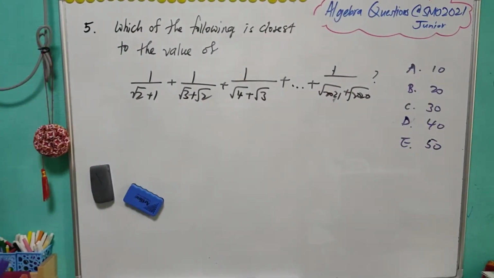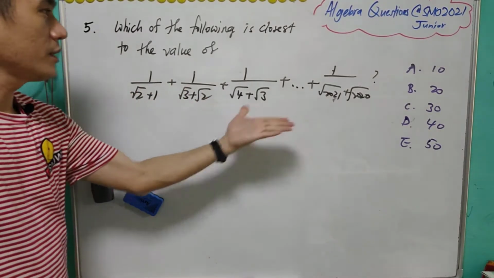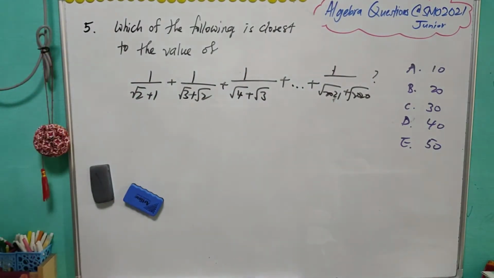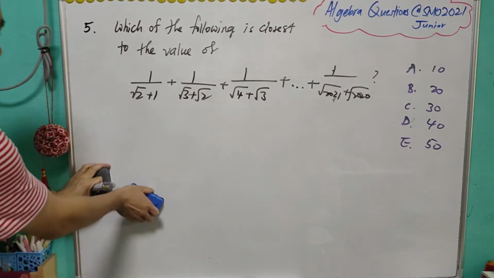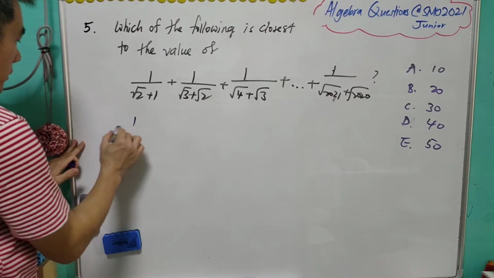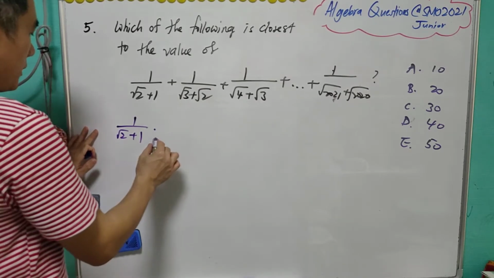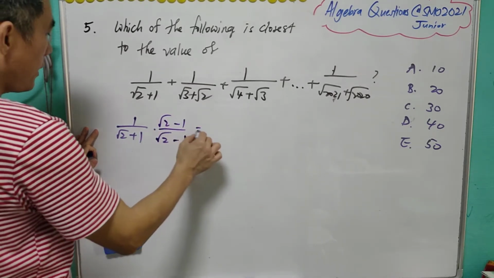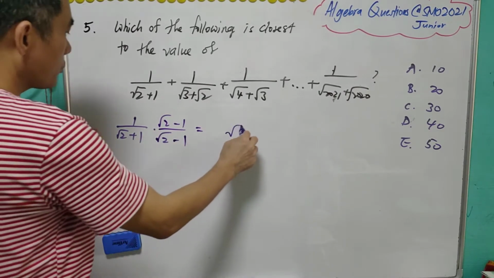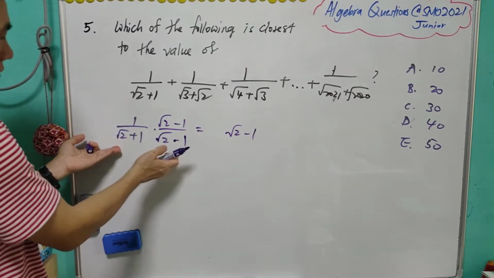For this question 5, which of the following is closest to the value of this expression? We have the options A 10, B 20, C 30, D 40, and E 50. Now, first we note that 1 over square root of 2 plus 1, if we multiply with the conjugate, square root 2 minus 1 over square root 2 minus 1, we end up with square root 2 minus 1, and for the denominator, it is 2 minus 1, so it's 1.